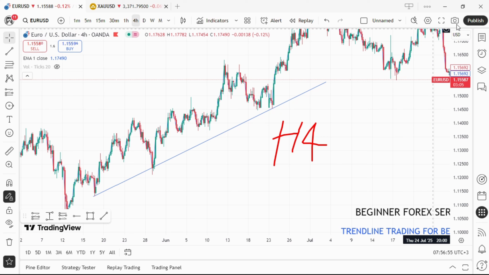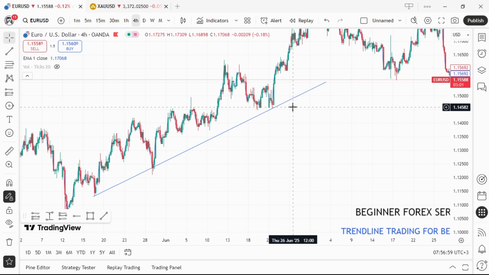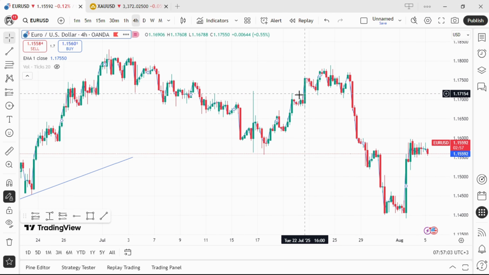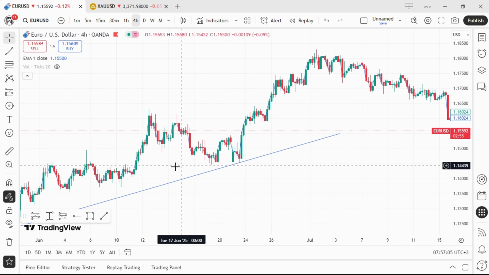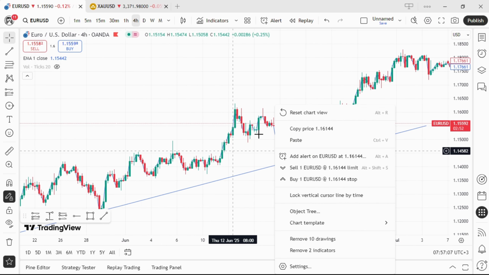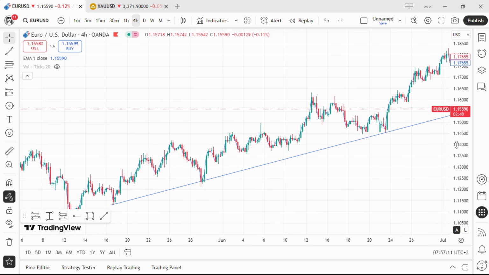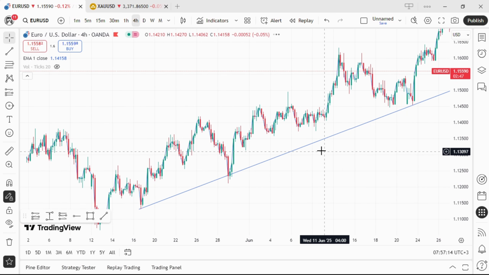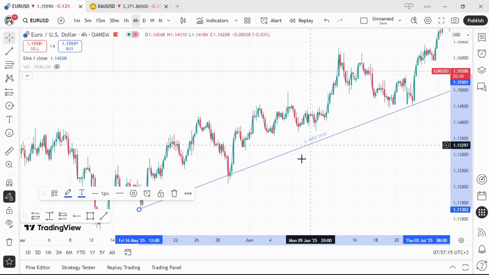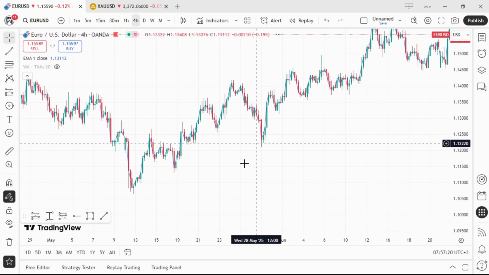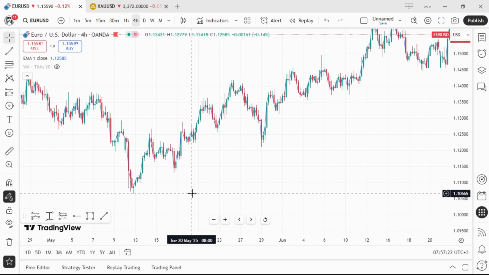So let's take a look at how you can trade the trend line. Now you see what I've drawn here. Let me redraw this for you guys. Zoom out a little. Let me remove that. Now let's have a look at this.